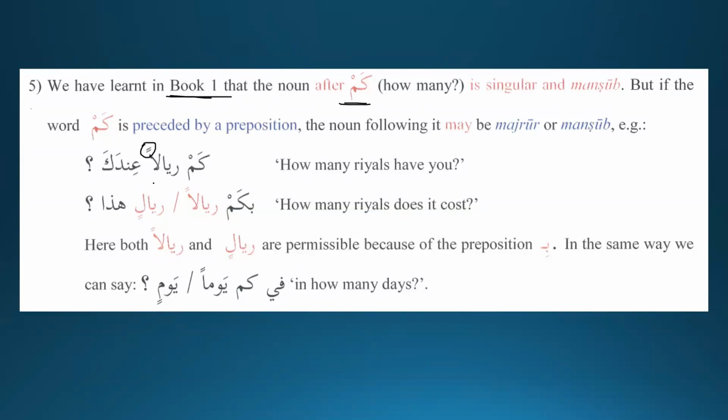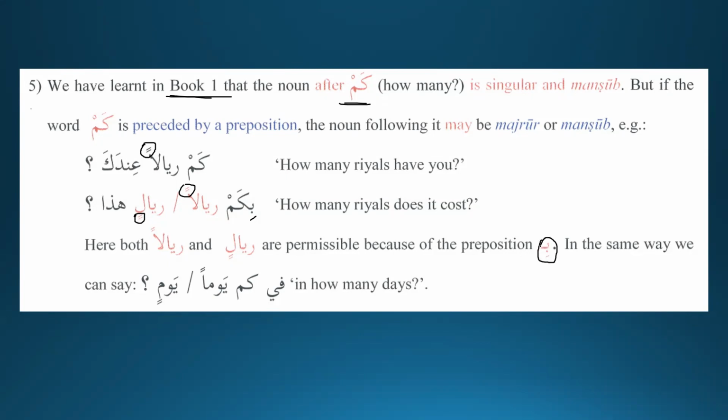For example, kam riyalan indaka. But if you want to say bikam, when we have a harf jar before it, then there are two possibilities. You can say bikam riyalan, and you can also say bikam riyalin. The meaning will be the same, but the ending will change. Both possibilities are permissible because of the preposition bi.